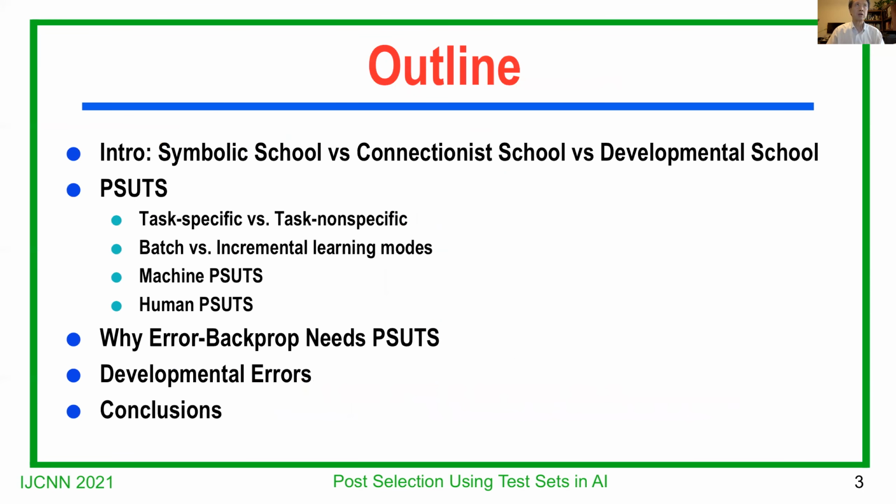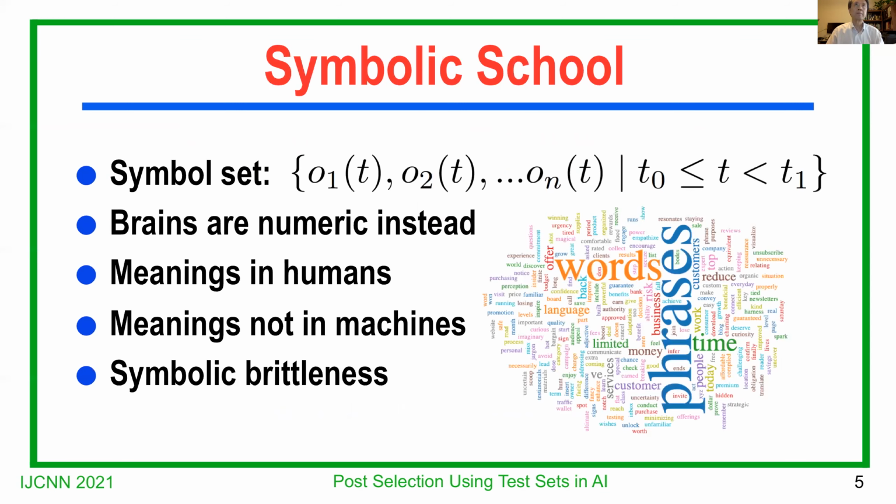Outline: I talk about the intro, PSUTS, why Error-BackProp needs PSUTS, developmental errors that avoid PSUTS, and conclusions. First, the Symbolic School. Define a set of symbols, and the brain does not use symbols, but rather numerical vectors.